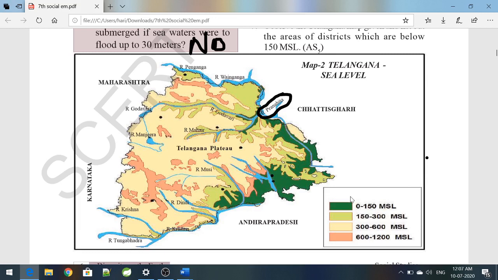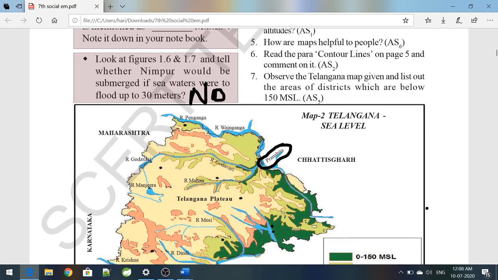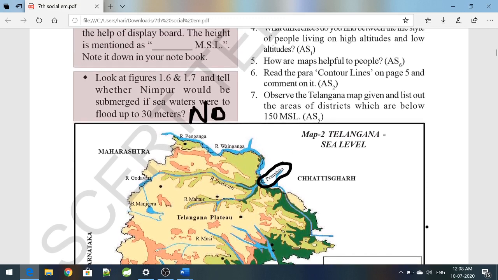But only this dark green area is 0 to 150, and this dark green area is present only on this side. So only one district is present, that is Pranahita. This district will be the answer to the 7th question.